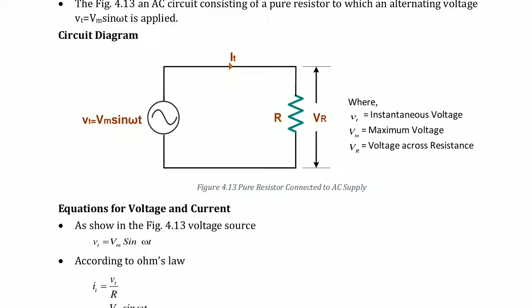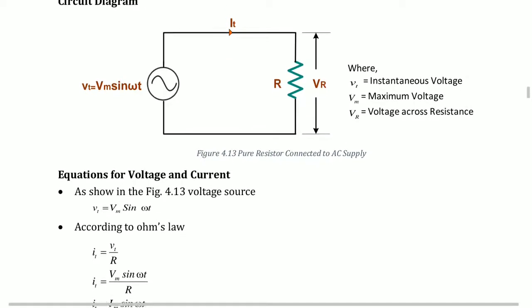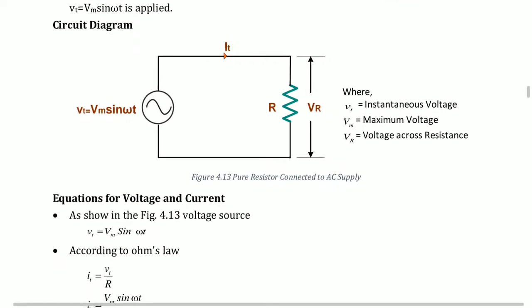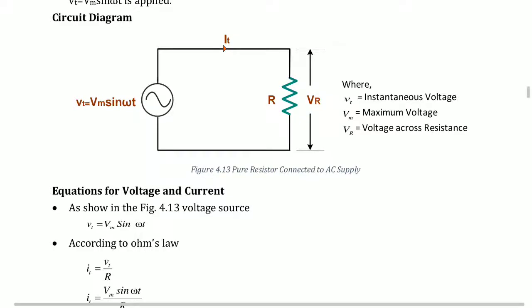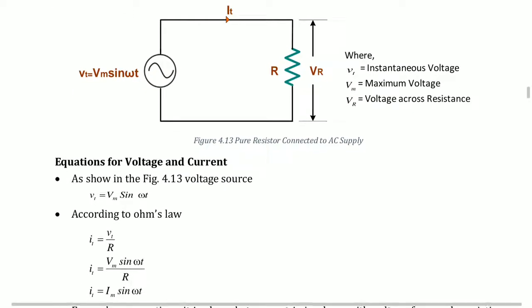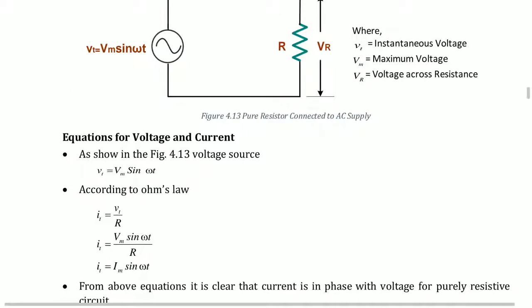So here the supply is connected to the pure resistance. What will happen? We can calculate the current, power, and different values. Here we have the current i, voltage v, and resistance R. The voltage source is v equal to Vm sin omega t.